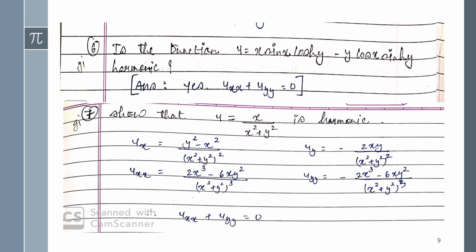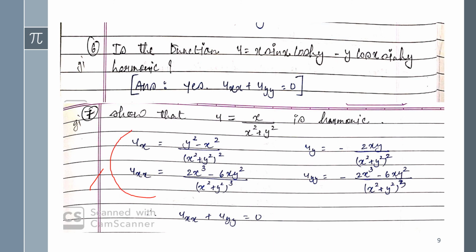Now the seventh one is given: show that u equals x upon x square plus y square is harmonic. Again you have to show that the given function is harmonic or not. You have to prove the Laplace differential equation, that is, uxx plus uyy equals 0. You can see guys, here I did ux, the first derivative, and again its second derivative. This one is very important guys.